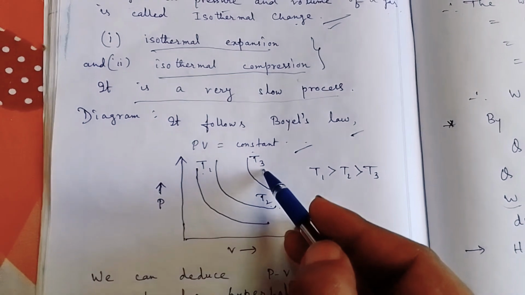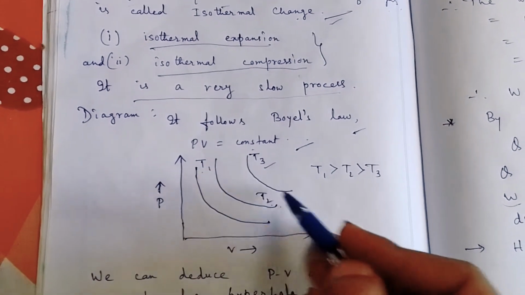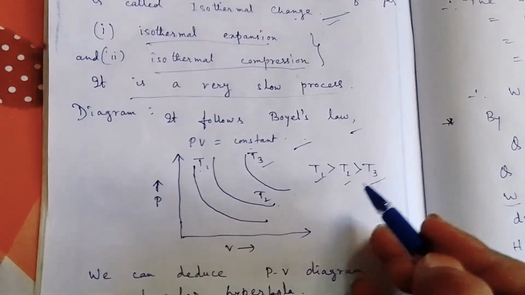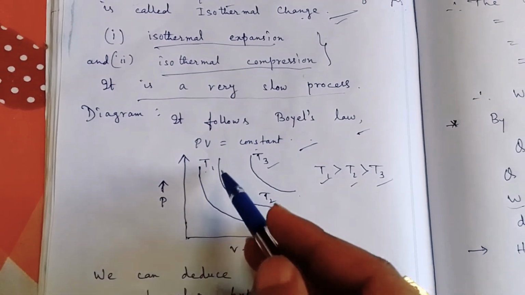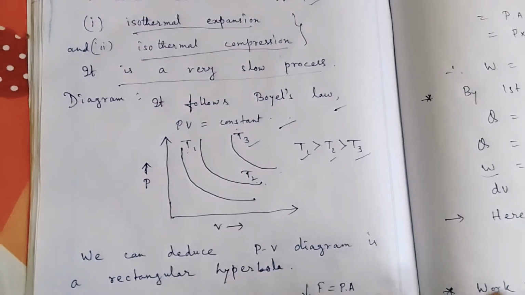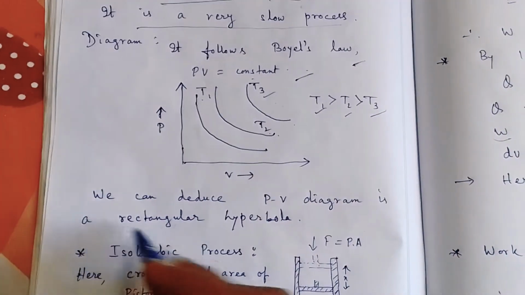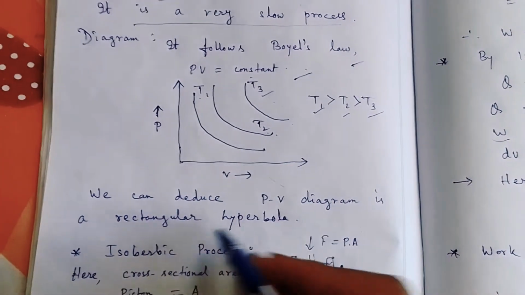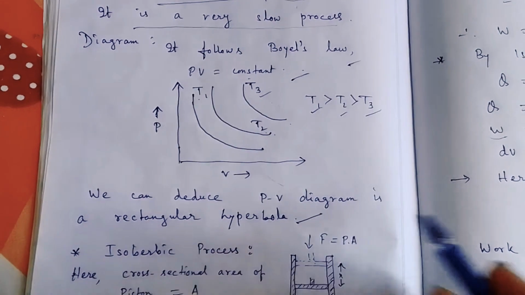And if we take T3, we will get the diagram in this way. Here T1 is greater than T2, greater than T3. So now we can easily see that the PV diagram is a rectangular hyperbola.